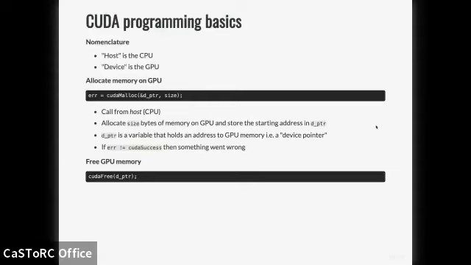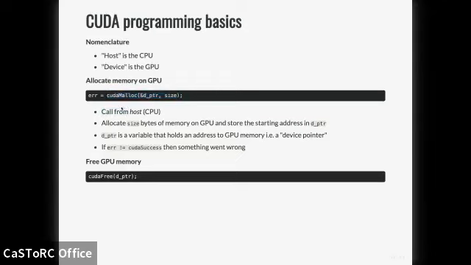If you want to allocate memory on the GPU, then you call this function, CUDA malloc, in your CPU code. That reserves memory on the GPU and returns to you a pointer. This pointer is only good because it points onto GPU memory, so it can only be passed to the GPU. You call CUDA malloc from the host.